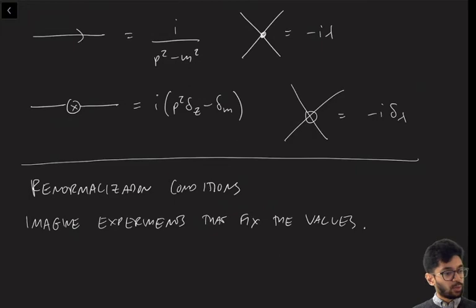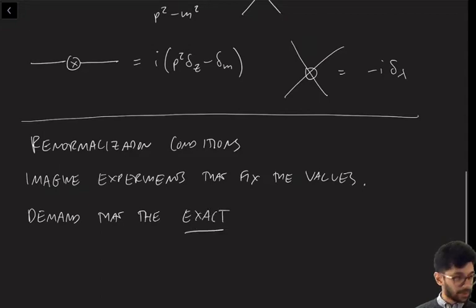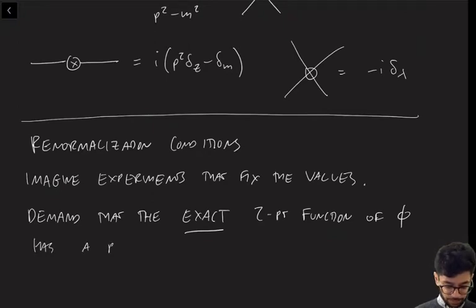So for example, one such condition is that we are going to demand that the exact two-point function of phi has a pole at p squared equals m squared with residue 1.